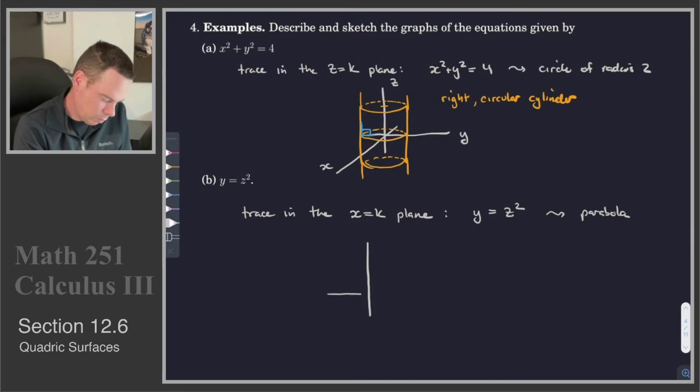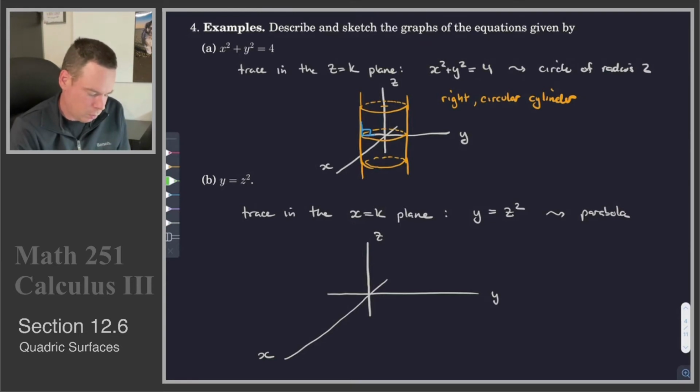And so we'll try to get a sketch of this. There's our x direction. We've got y and z. The first parabola I'm going to draw is the one in the yz plane, so y is equal to z squared. It's going to be a parabola opening up like this.